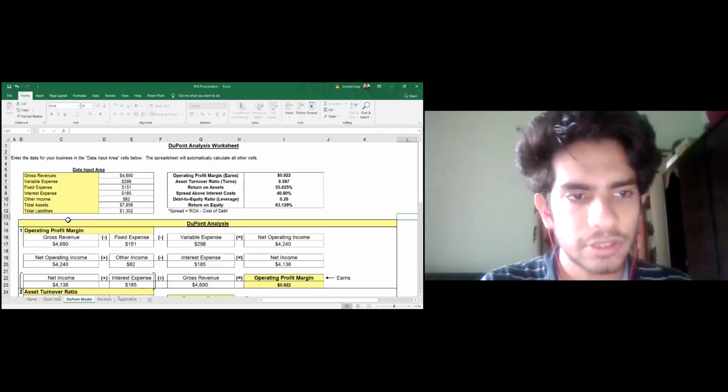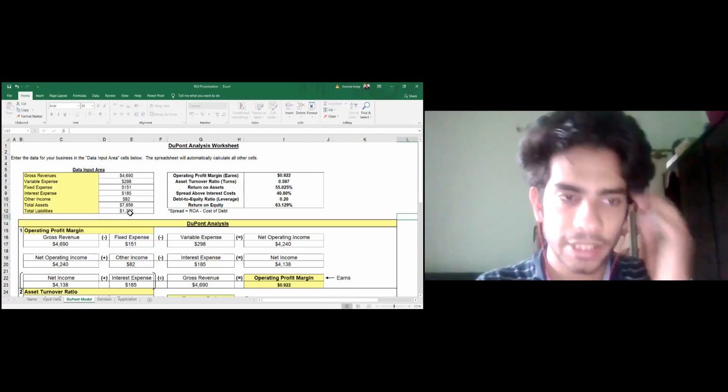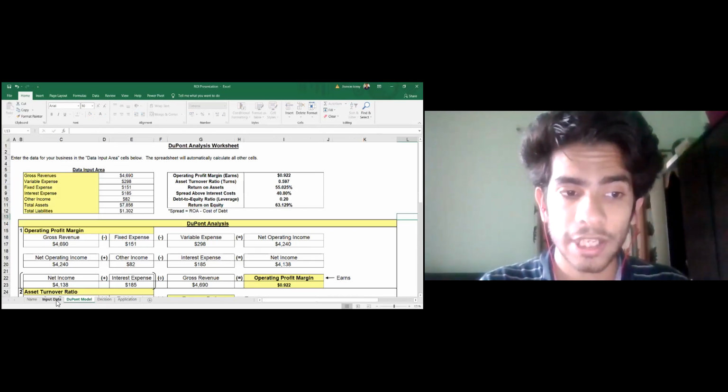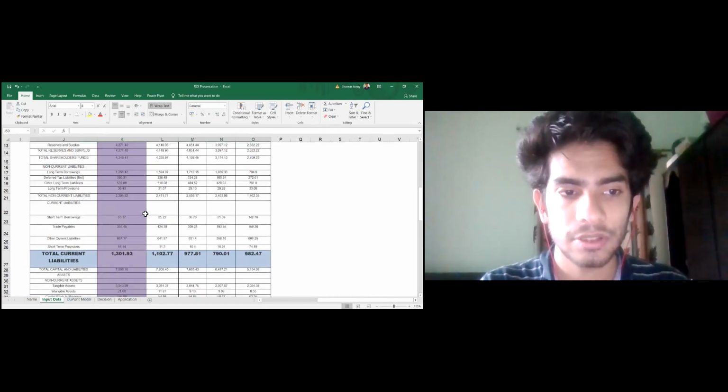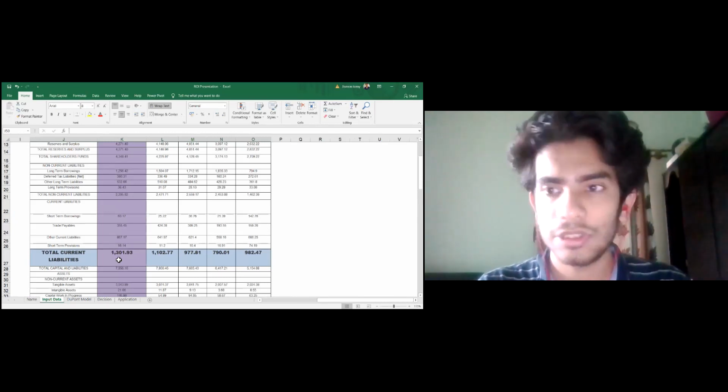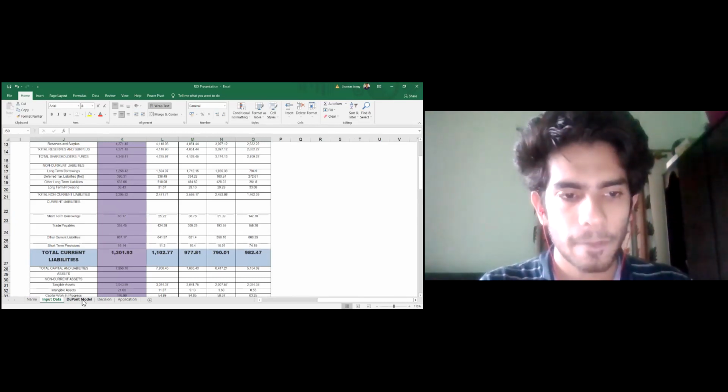The next one is total liability. Liability here means the total current liabilities, that is 1,301.